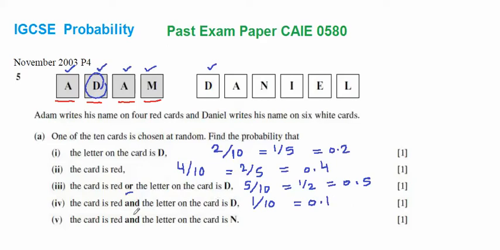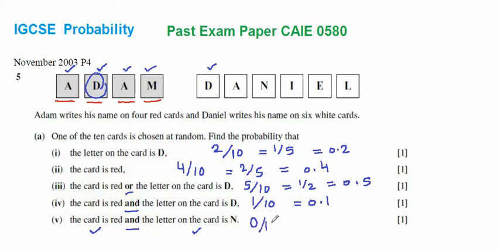Then we have the same experiment, and we have to find the probability that the card is red and the letter on the card is N. As we know, AND means satisfying both conditions. We have not found any red card on which the letter written is N. So 0 cards have N written and are red.